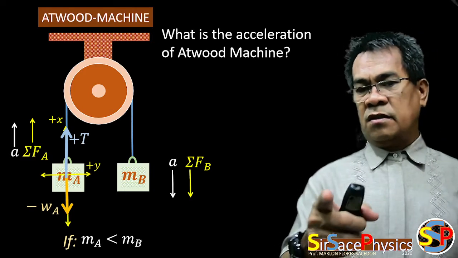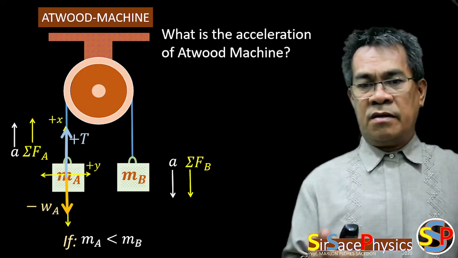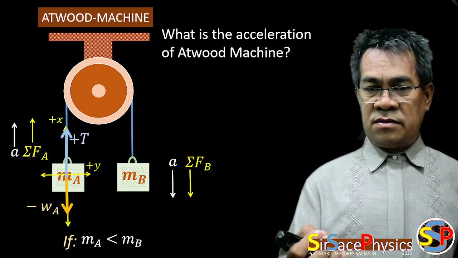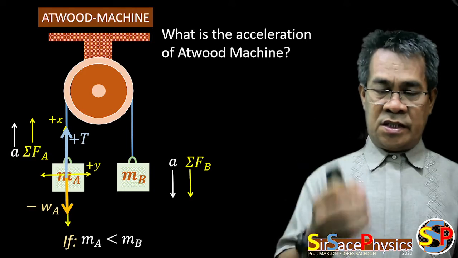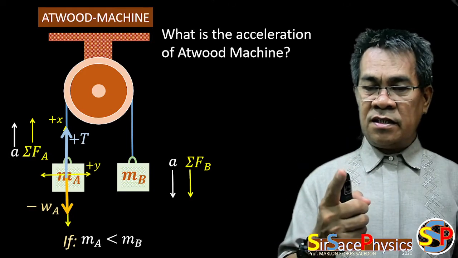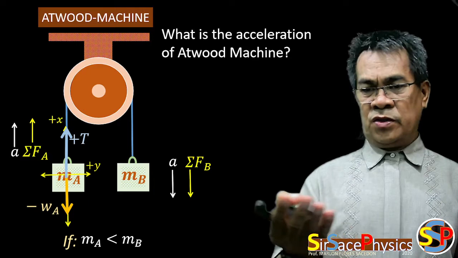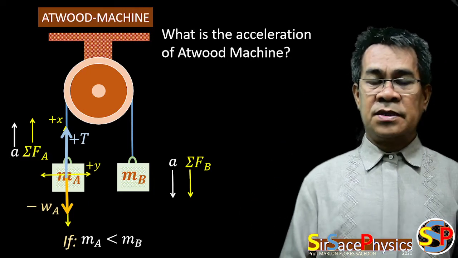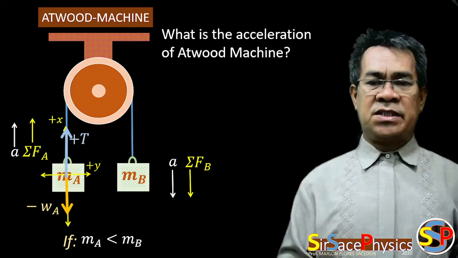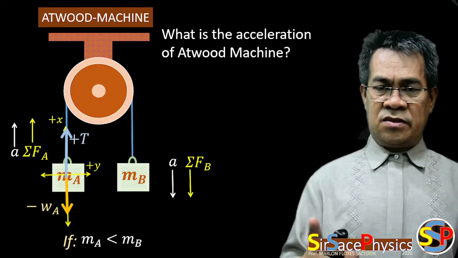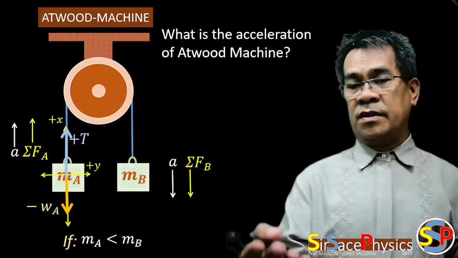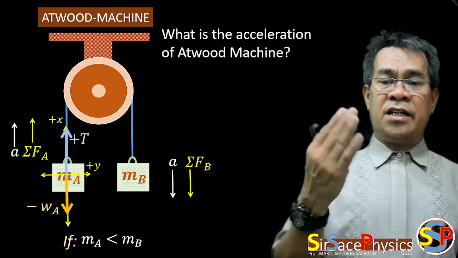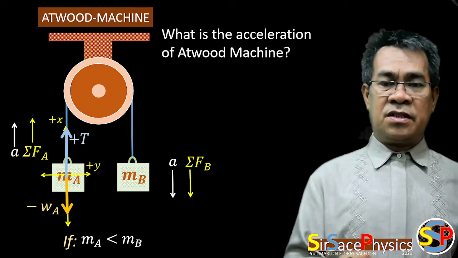Now take note that in the free body diagram of mass A, we can calculate the weight, because we have the mass and the gravitational acceleration. We don't know T, and we don't know the acceleration. Hence, we don't know the unbalanced force. So there are possibly two variables, the acceleration and the tension, or maybe the net external force. So for that reason, we badly need to analyze the other object, which is mass B.